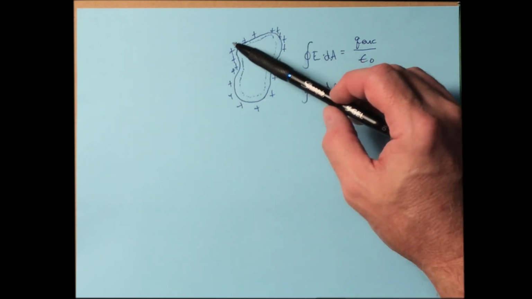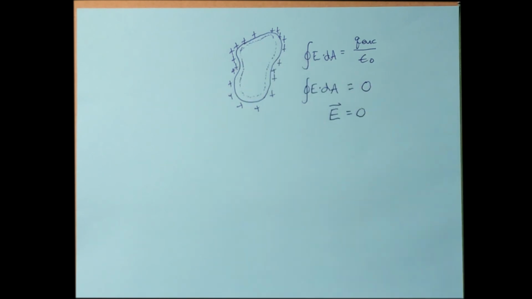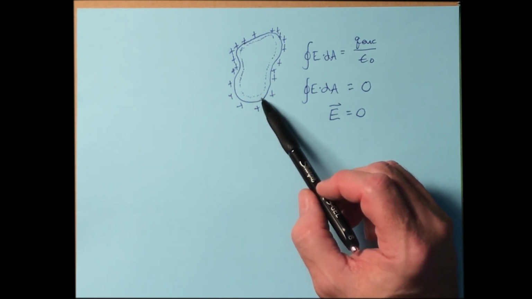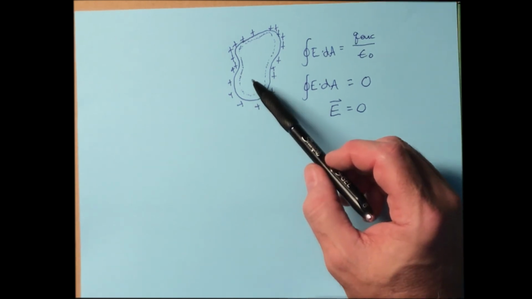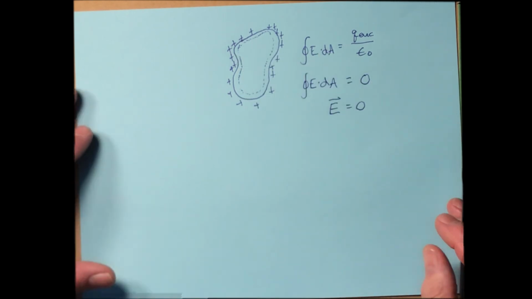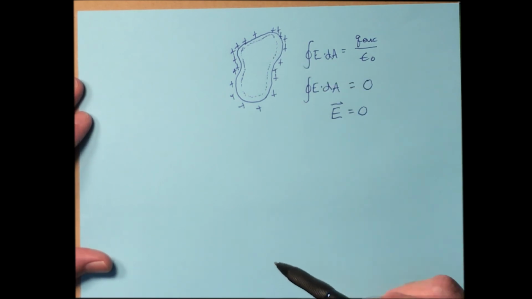They set themselves up in such a way to produce an electric field that is 0 on the interior of the conductor. And that is true regardless of how close you get to the surface, as long as you are under the surface with your imagined Gaussian surface, then it doesn't really matter. The electric field is going to be 0.